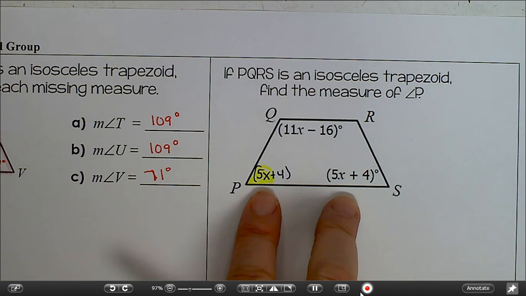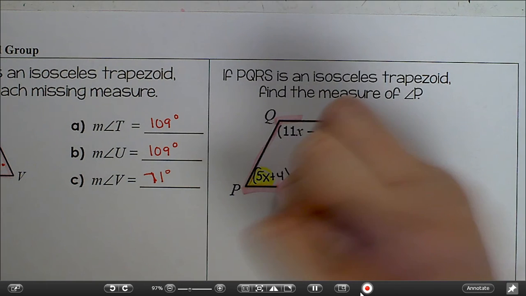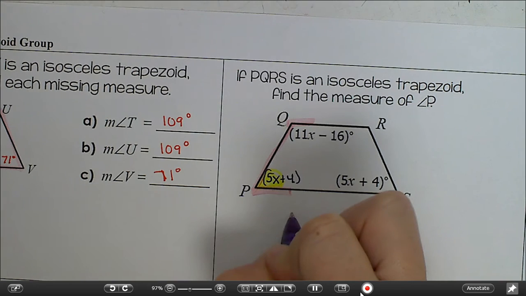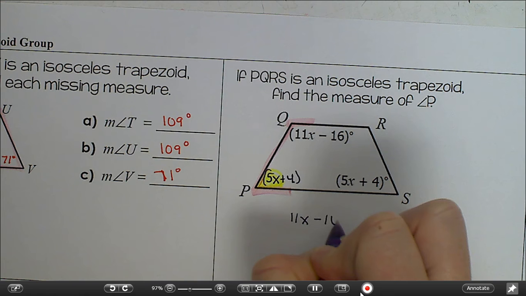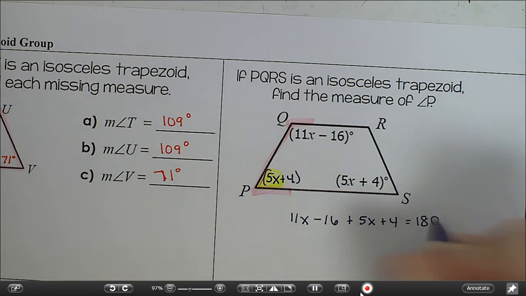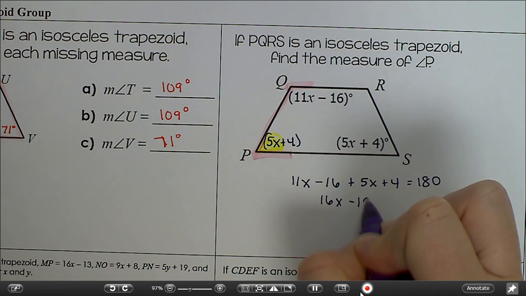Base angles are congruent here. And then I'm going to do that hug. Consecutive angles between parallel lines are supplementary. So you can see that either way you think about it, you would have ended up with the exact same equation. So I'm just going to solve that.